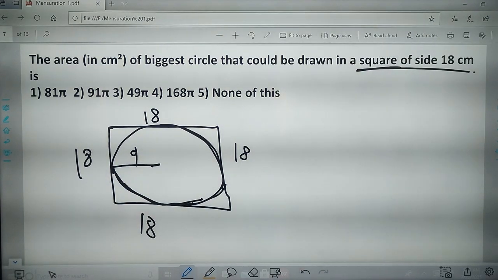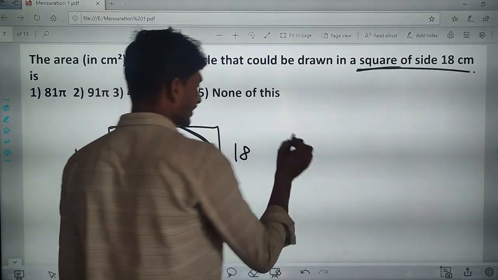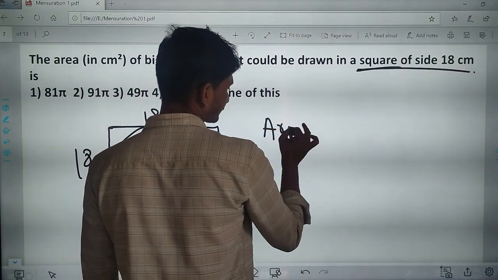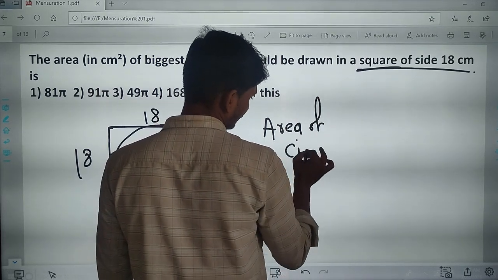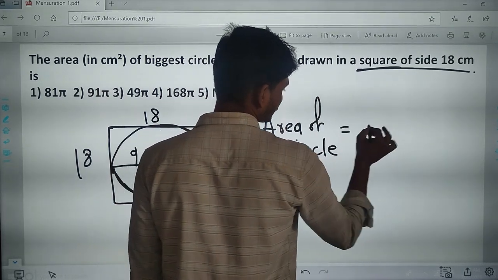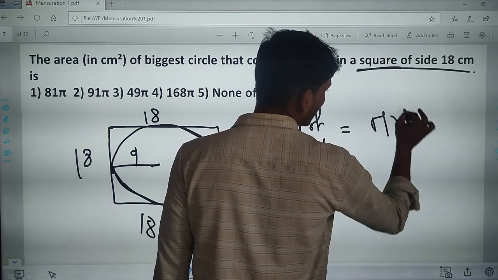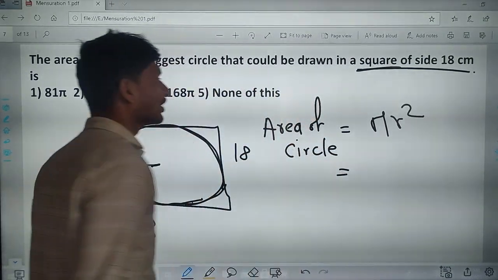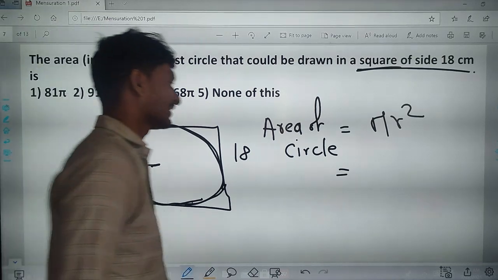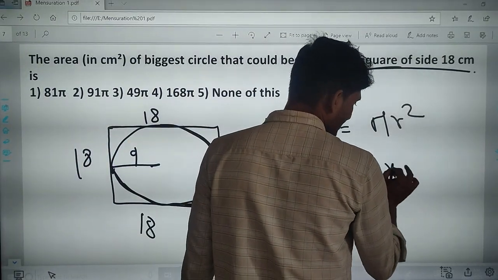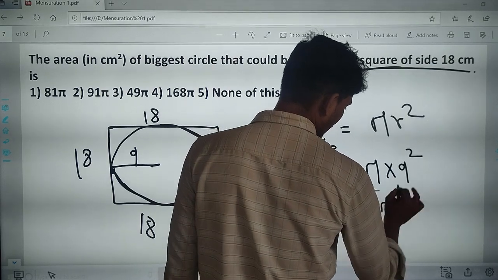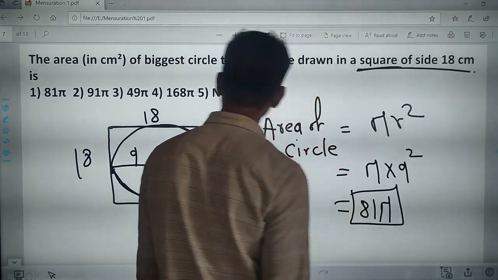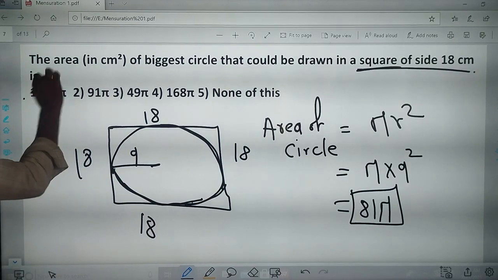To find the area of this circle: area of circle is equal to pi r square. Your radius is 9. Then pi into 9 square. 9 square is equal to 81. So 81 pi. Your answer is 81 pi.